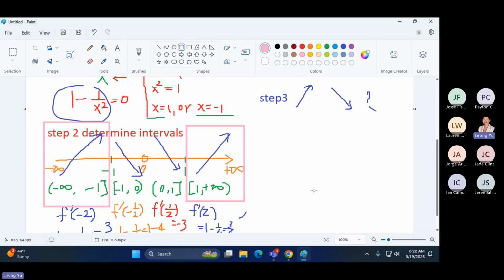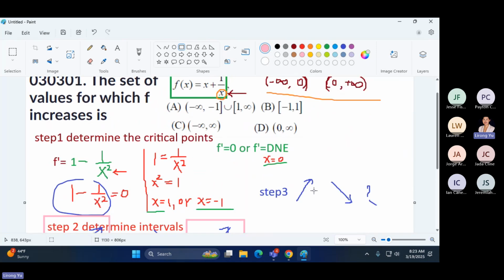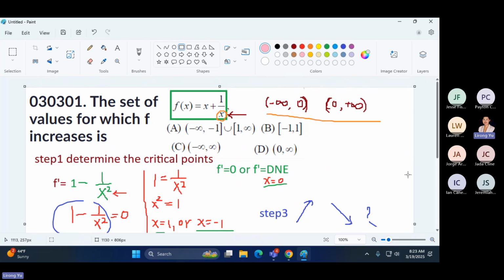So over here in this picture, we specifically labeled the increasing or decreasing on every interval. And there are 4 intervals. So the increasing interval is -infinity to -1, and then +1 to +infinity. And then you look at the choices. The set of values for which the function is increasing is, see, it should be A.